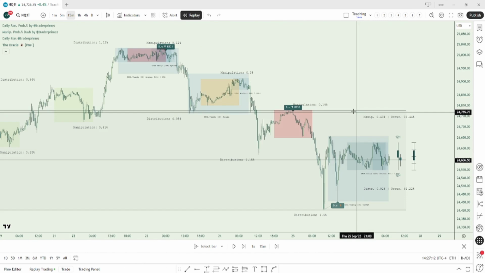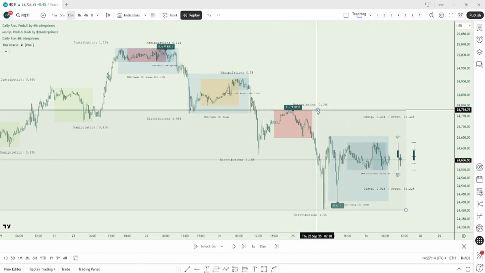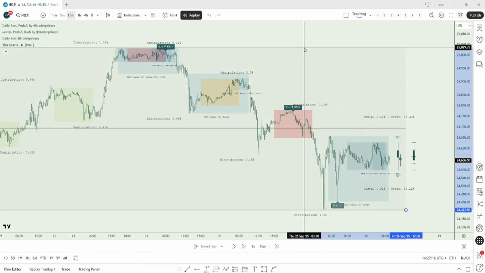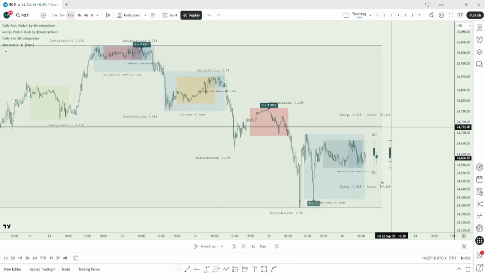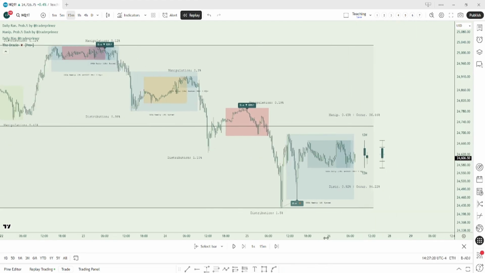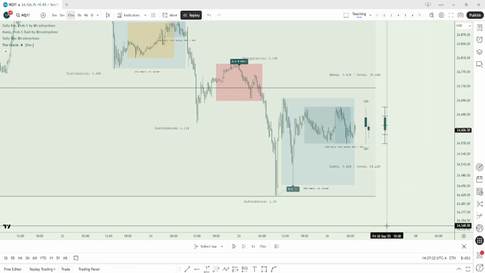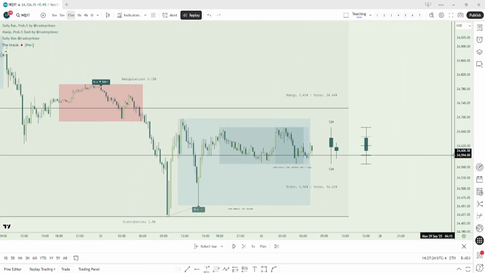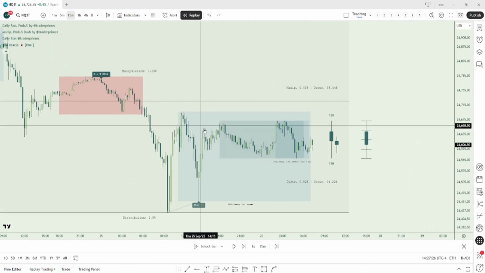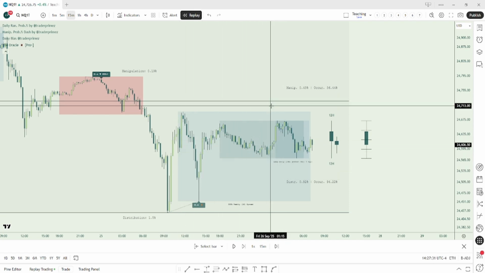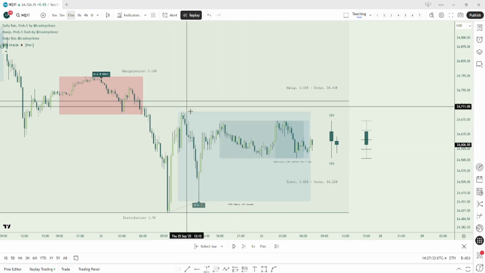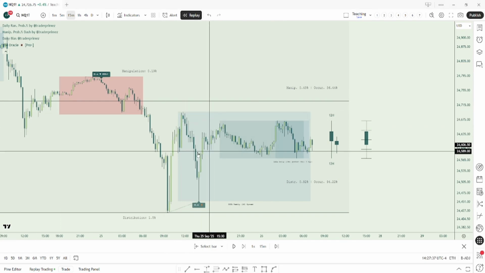Now, we have been distributing for the past 3 days, as you can see. Then yesterday we had a daily cycle magnetosequential SMT in the PM session, which gave me an idea that we are going to go back inside the 50% of the range and we are going to clear these intraday highs that we created during the PM session.